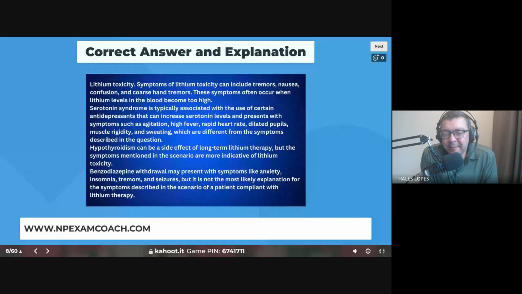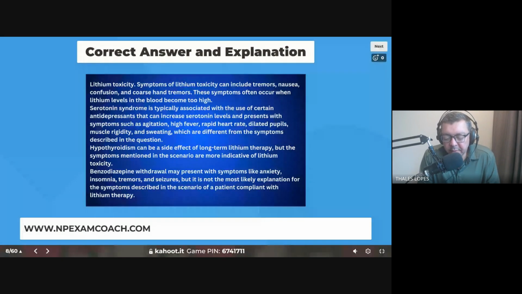Serotonin syndrome is typically associated with certain antidepressants. So here's the thing. The question never talked about serotonin or antidepressants. It's talking about lithium, so the question could only be answered by lithium. Let's say you are a high schooler and you just walked in to take that question.